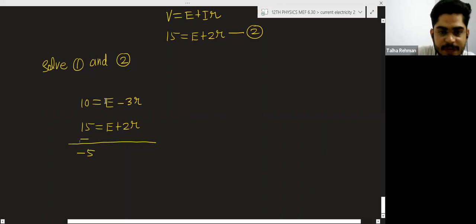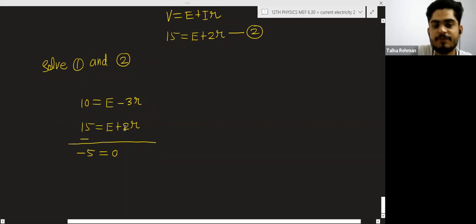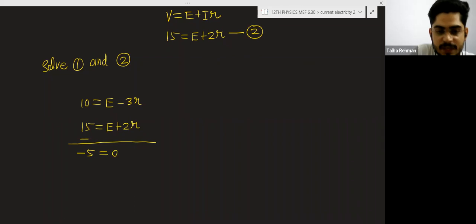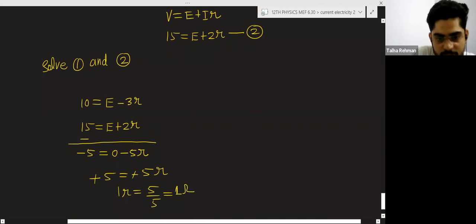And when you subtract E minus E, you will get 0. And when you subtract minus 3R and minus 2R, this will become minus 5R. Okay. So you have minus 5 is equal to minus 5R, and minus cancels. R you will get 5 divided by 5 is equal to 1 ohm. So this is our answer.